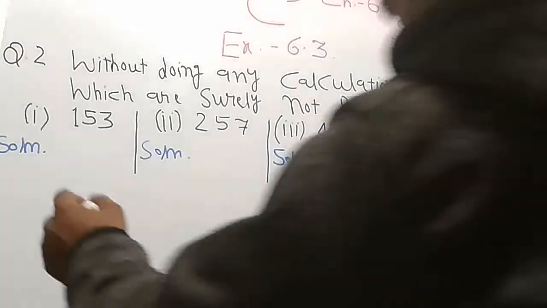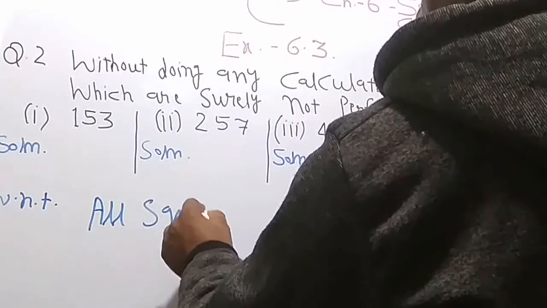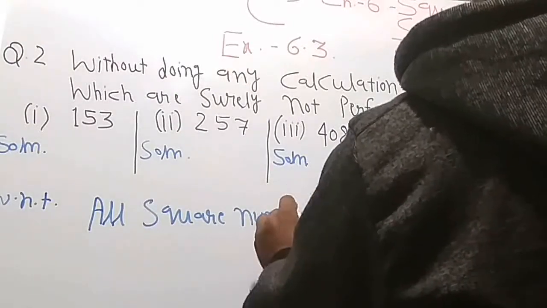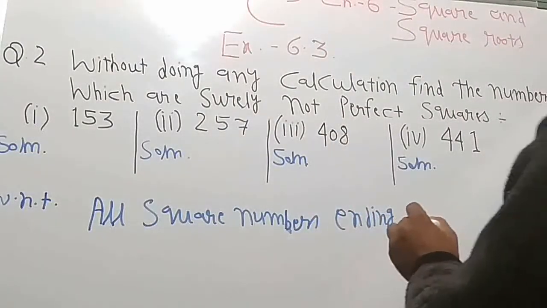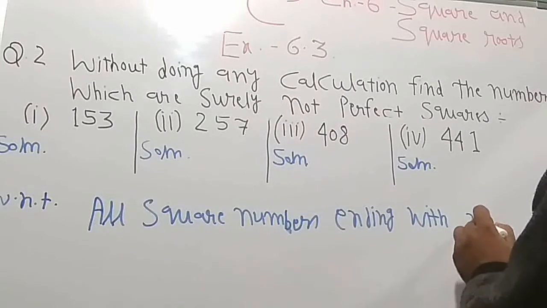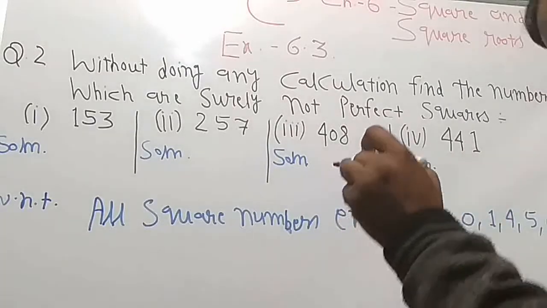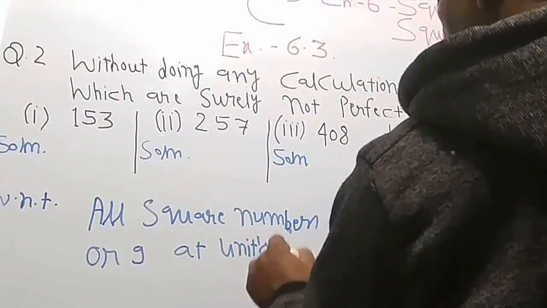We know that the condition for checking the perfect squares is: all square numbers end with 0, 1, 4, 5, 6 or 9 at the units place.